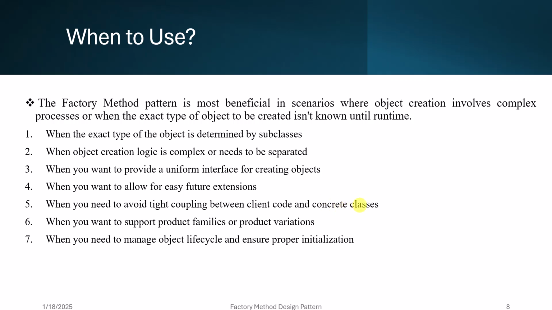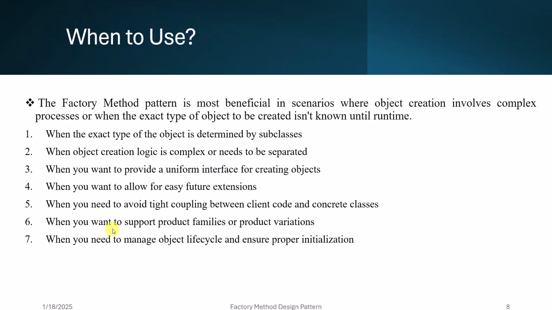One example is a DocumentProcessor class, and we may need to work with different types of documents like PDF and Word. But using the factory method, it doesn't need to know the concrete classes and only interacts with the document interface.